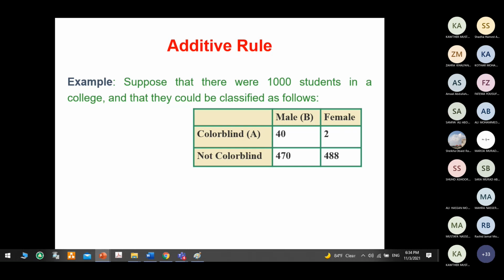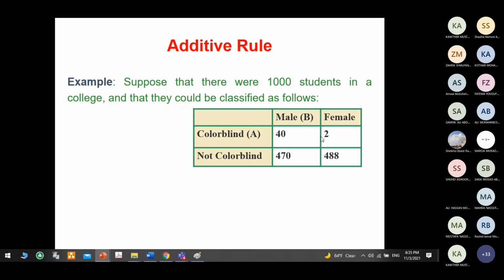Suppose that there were 1,000 students in a college, and they can be classified as follows. If we classify them as male and female, then males, this is the number, 40 plus 470, altogether 510.